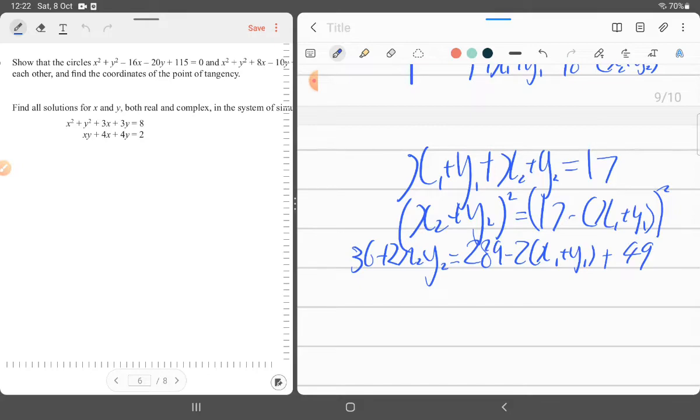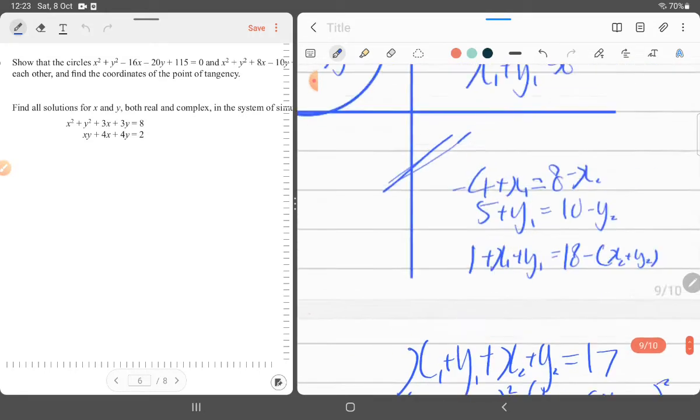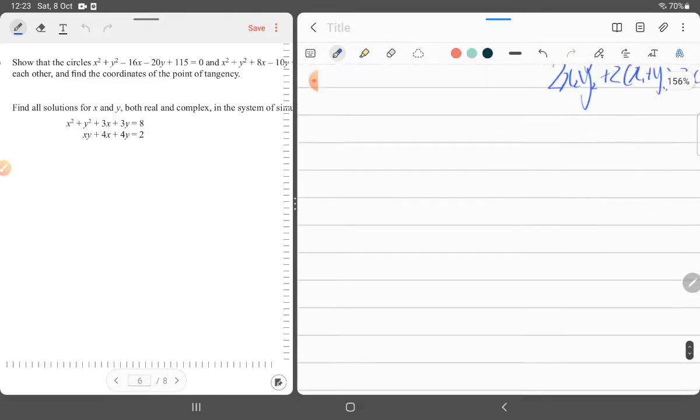Then, right, then we also get 2 x2 y2 is equal to 289 plus 49 plus 30, take away 36, which is 2 brackets x1 plus 1 is equal to 3. Oops, where did I go?